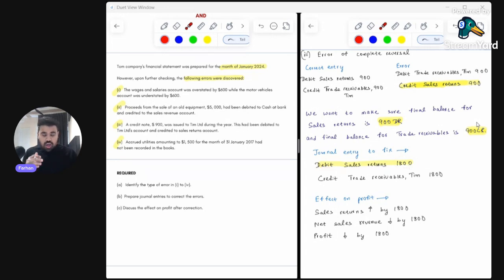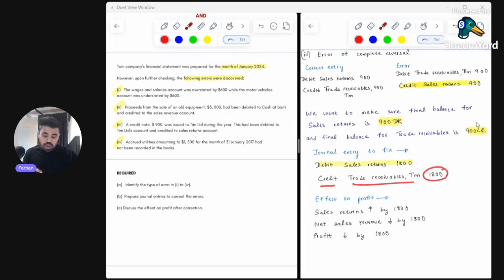Simultaneously, for the account for trade receivables, we know we need a final balance of credit 900. So the error we made was to debit trade receivables, Team, by 900. So how do we go from debit to credit 900 net balance? We credit trade receivables for the account of Team by 1800, where first the debit 900 gets entirely canceled out, and then we're left with 900 surplus, which is what is being reflected here when we credit trade receivables, Team, by $1,800.